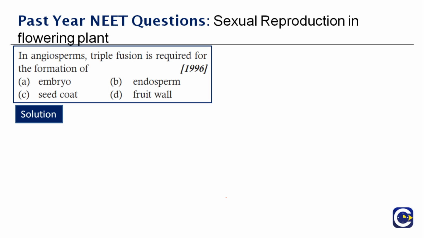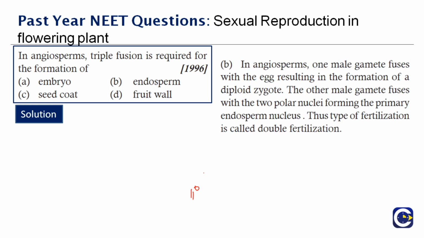The other male gamete fuses with the two polar nuclei, forming the primary endosperm nucleus. This type of fertilization is called double fertilization. We already discussed this in the earlier question as well. So in angiosperms, triple fusion is required for the formation of endosperm, which is option B.